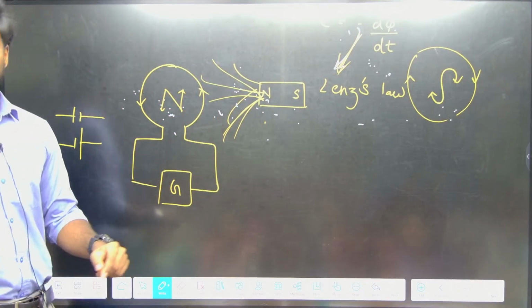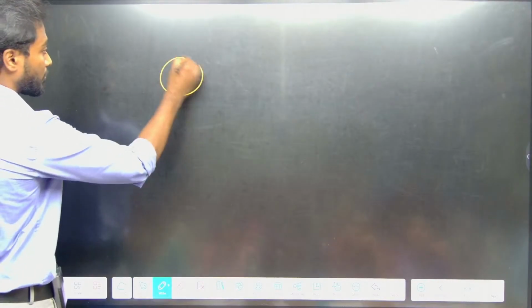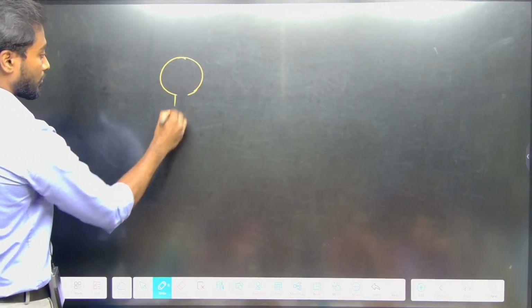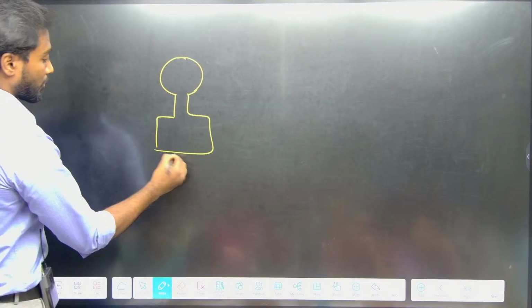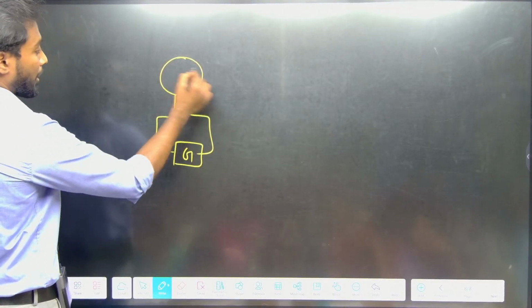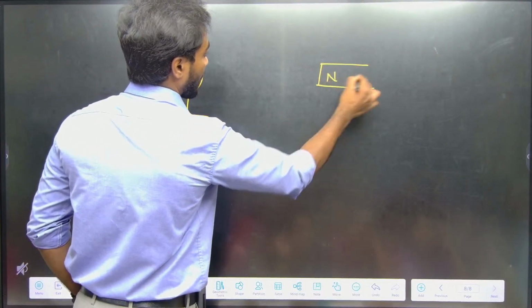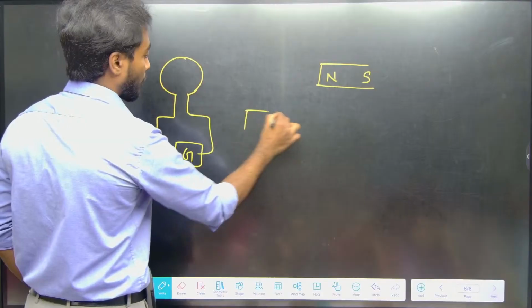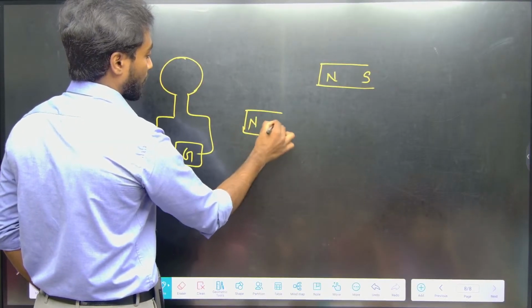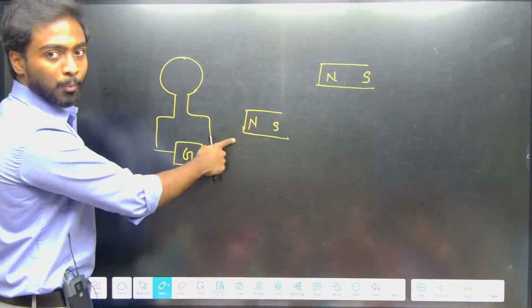Okay, listen. If this is my galvanometer and I have taken the magnet here, north pole and south pole, and now I have taken one more magnet here, north pole and south pole, two conditions. So which is the near magnet? This one.